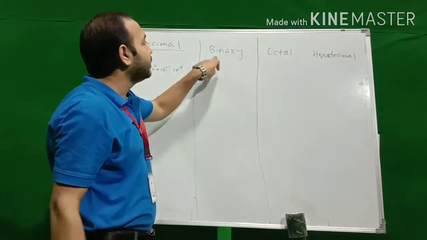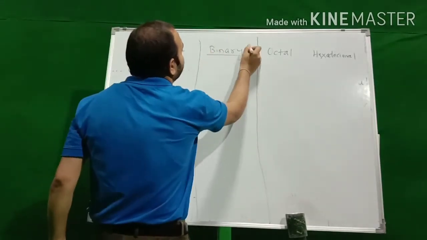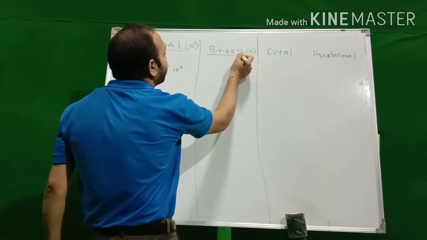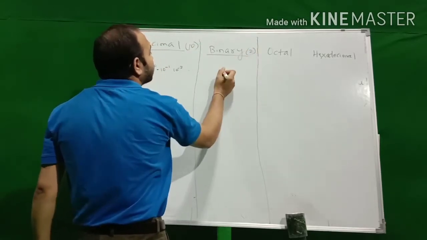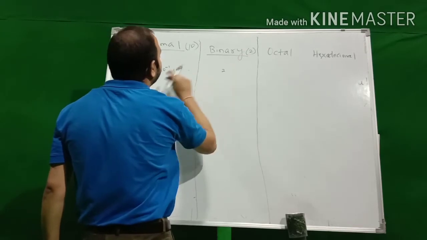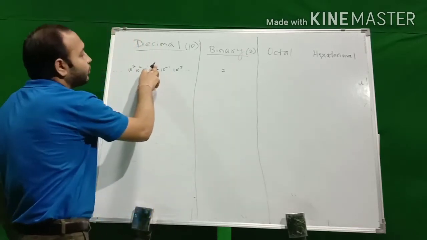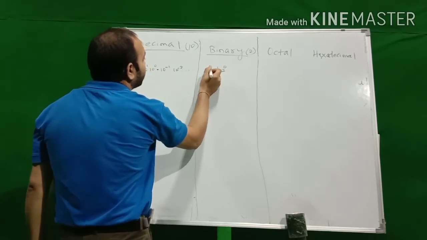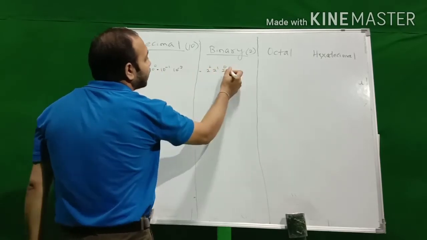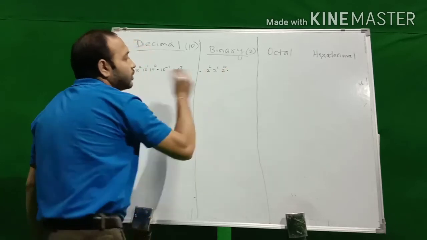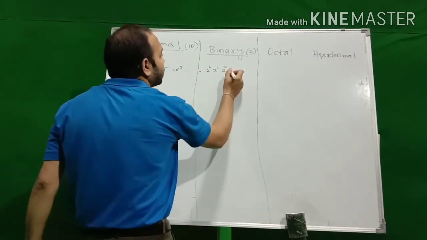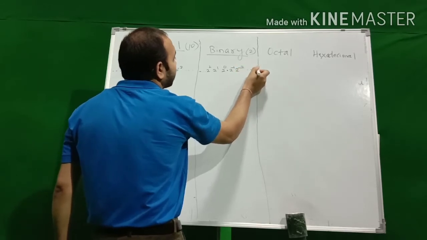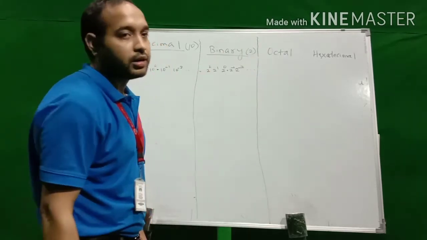Now in binary the base is 2, so we start with 2 power 0, 2 power 1, 2 power 2, and you increase like this. If you write fractional, then the same, 2 power minus 1, minus 2, and so on, right side.